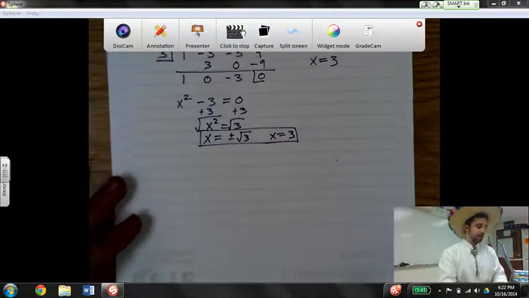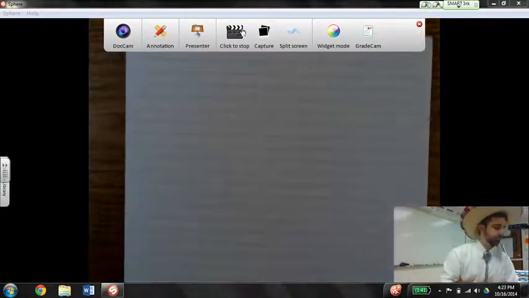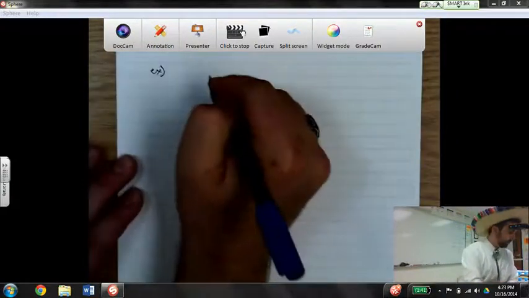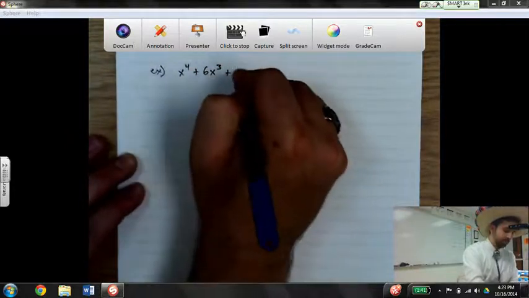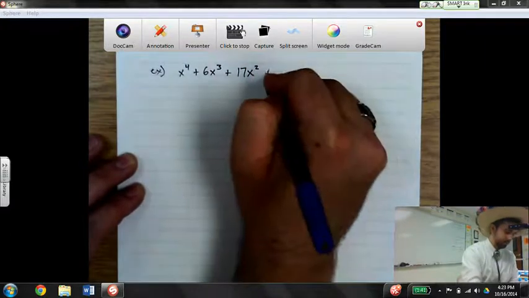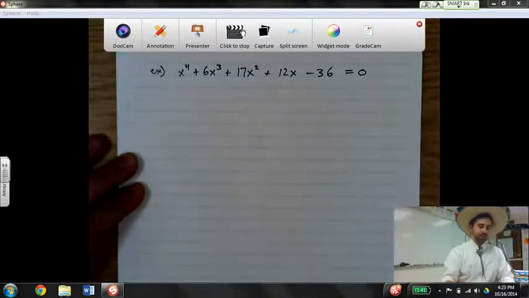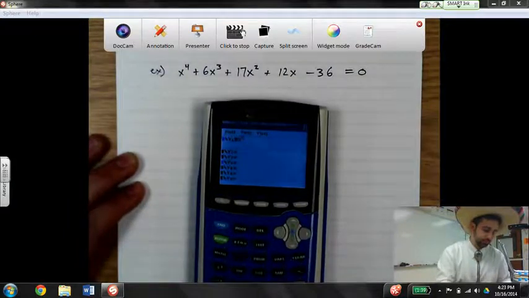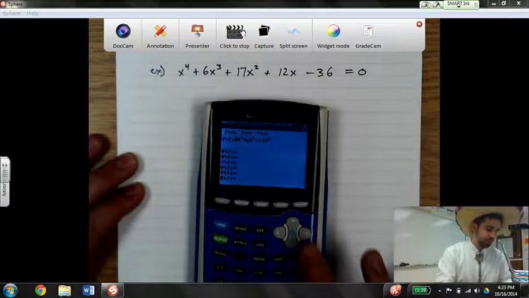So let's look at a more involved example. Given the polynomial x to the 4th plus 6x cubed plus 17x squared plus 12x minus 36. Once again, I'm going to put my polynomial in the calculator so that when I graph it or go to the table, I will be able to identify one of the roots.